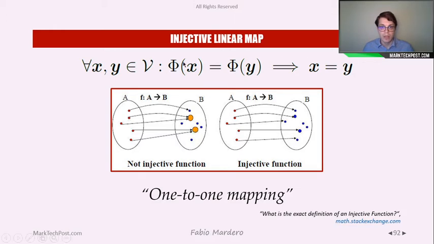But if the linear map is injective, then these 2 points must be the same. That's the case here, we have an injective function. So injective linear maps can be said to be one-to-one mappings.